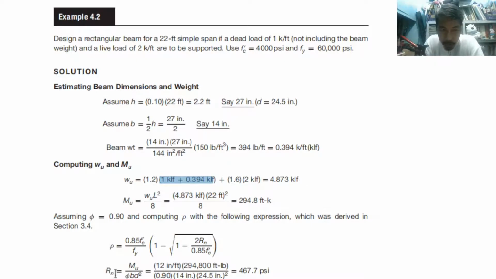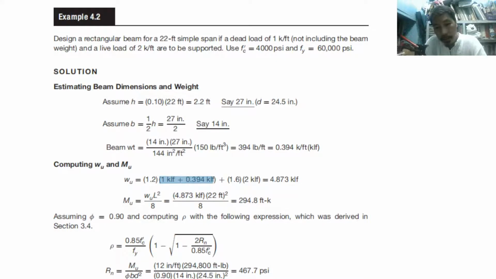So nominal resistance. After that, you have to substitute Rn to this. Substituting that, you can find out the rho. Our rho is 0.00842.